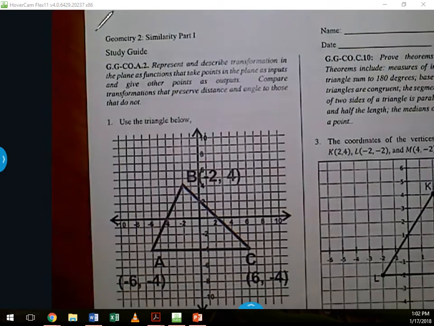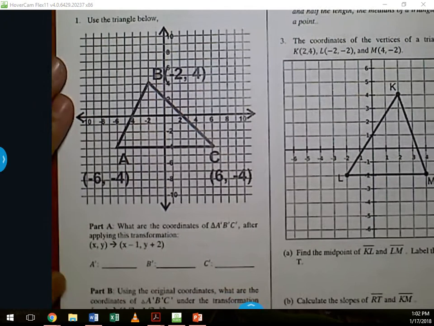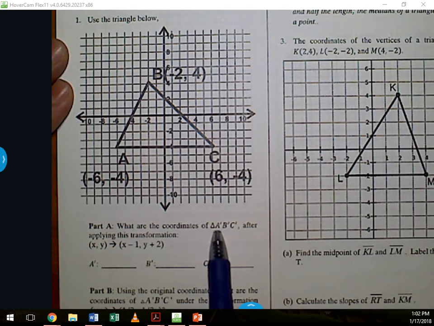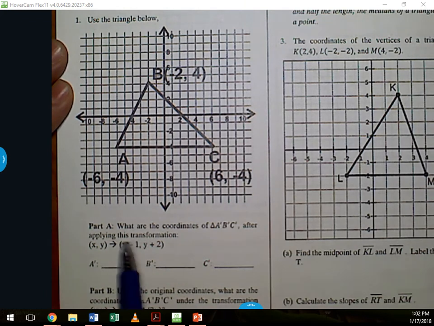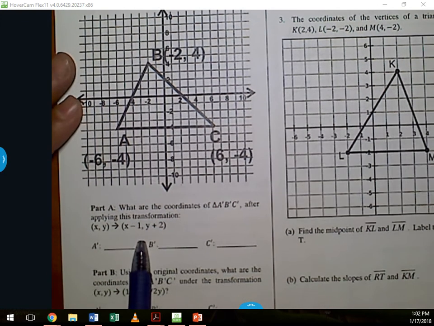So I'm going to go through and do some of this right now. Use the triangle below. For this problem right here, for part A, it says, what are the coordinates of A prime, B prime, C prime after applying this transformation? So what type of transformation is this going to be?